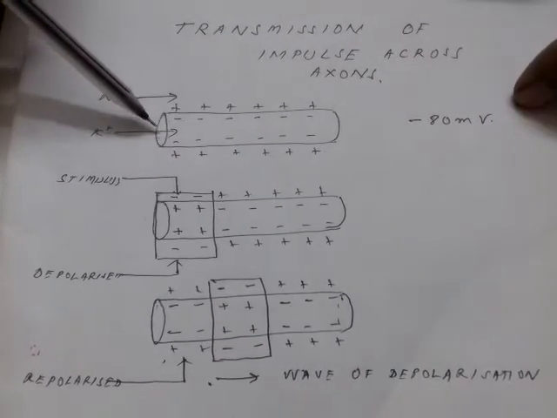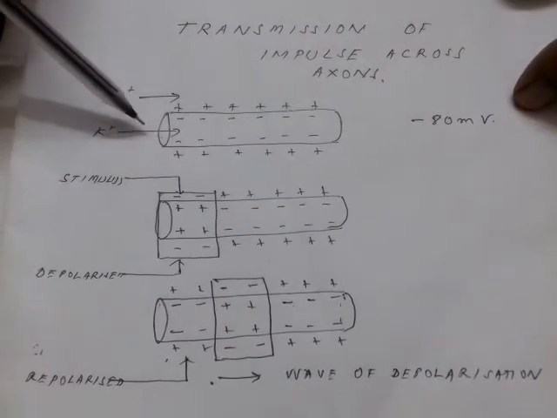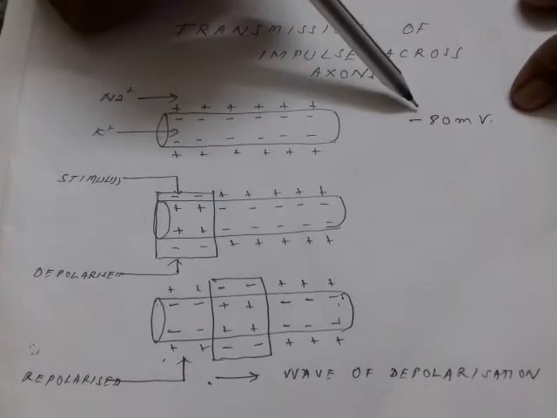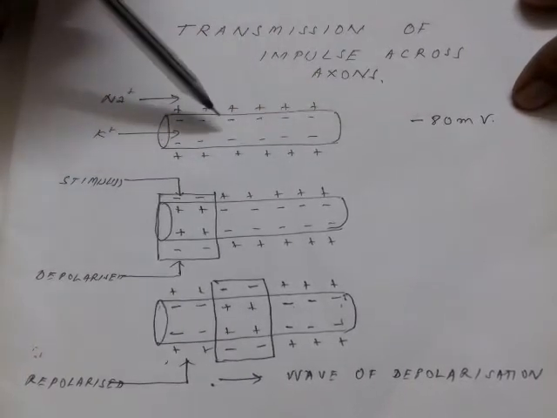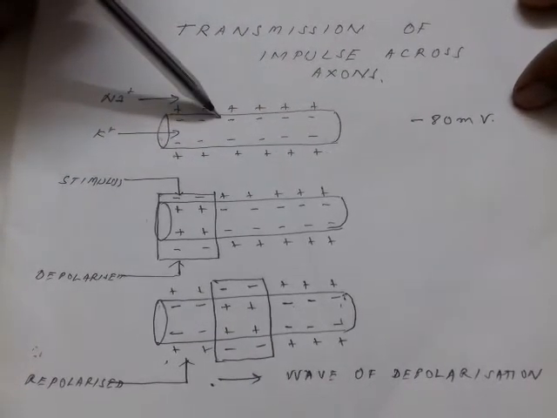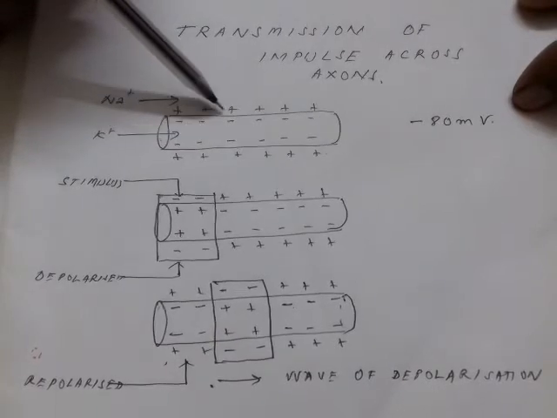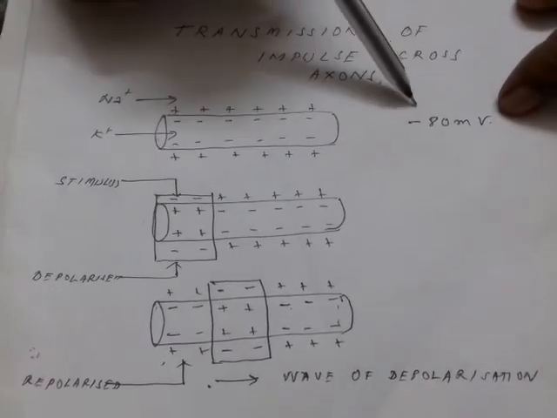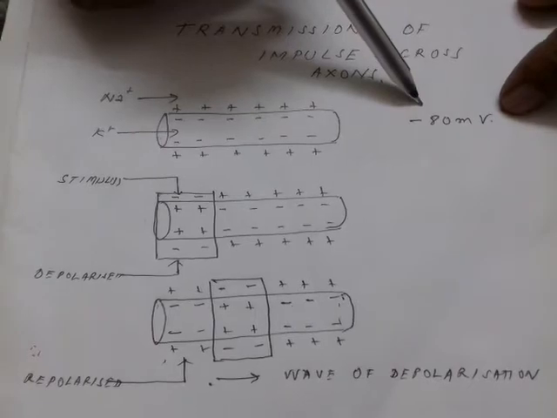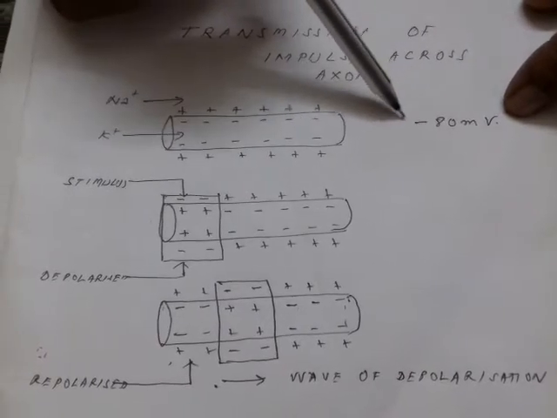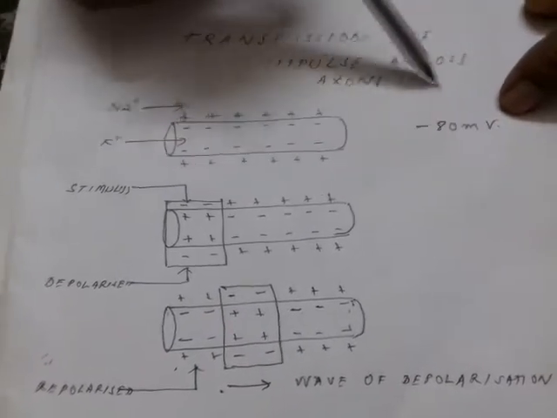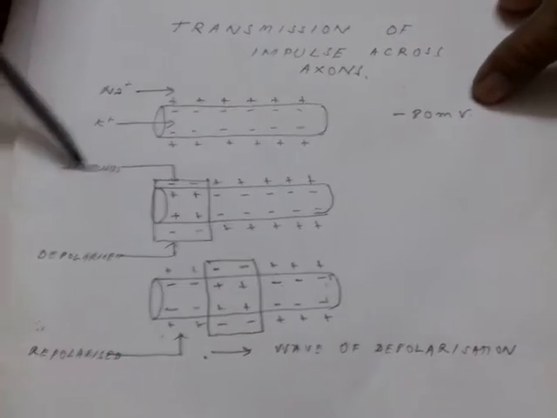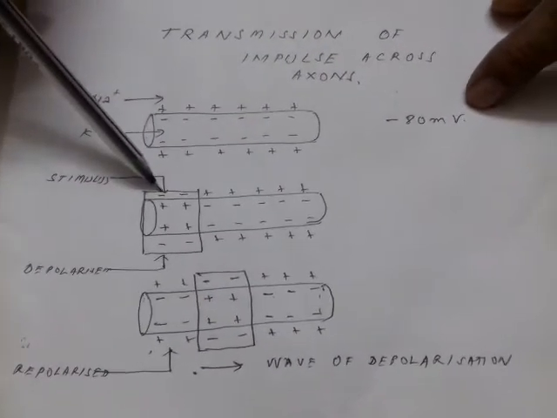This is what we call the resting membrane potential. The resting membrane potential is approximately minus 80 millivolt. That means if you put two electrodes of a galvanometer, one inside and one outside, you can see the potential difference is about minus 80, because we always see this as negativity. Now suppose a stimulus is put on one end.